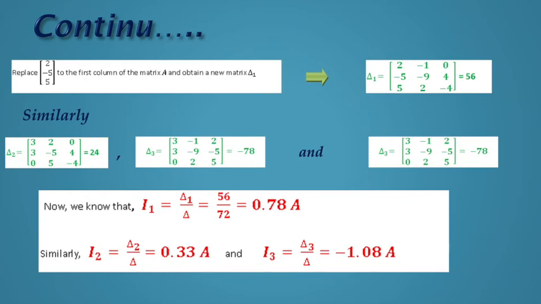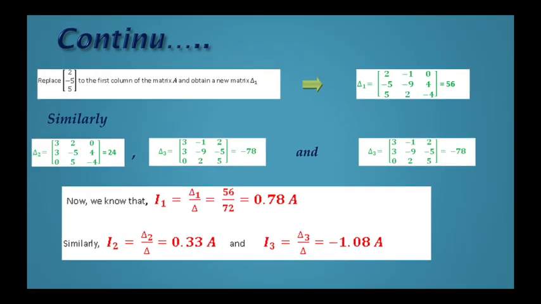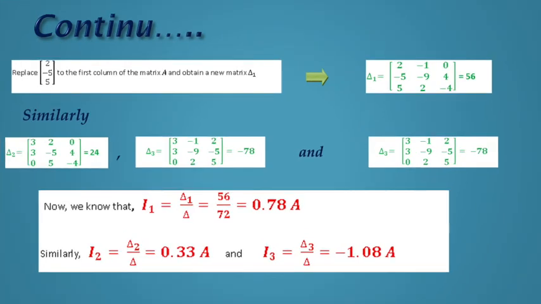Replace 2, minus 5, 5 into the first column of the matrix A and obtain a new matrix delta 1. Similarly, find the determinant of delta 1, then we get 56. And replace 2, minus 5, 5 into the second column of the matrix A and obtain the matrix delta 2. Similarly, find the determinant of delta 2, then we get 24. Similarly, replace 2, minus 5, 5 into the third column of the matrix A and obtain matrix delta 3.